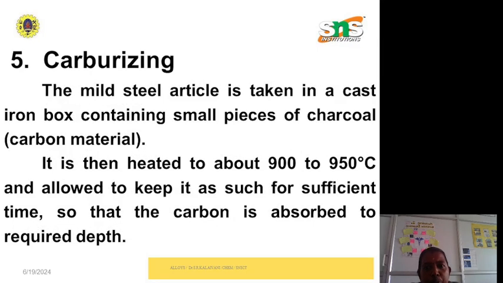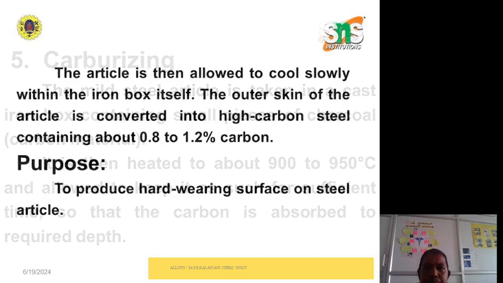The next one, carburizing. The mild steel article is taken in a cast iron box. That cast iron box contains small pieces of charcoal, that means carbon material. It is then heated to about 900 to 950 degrees Celsius and kept like that for sufficient time so that the carbon is absorbed to the required depth.